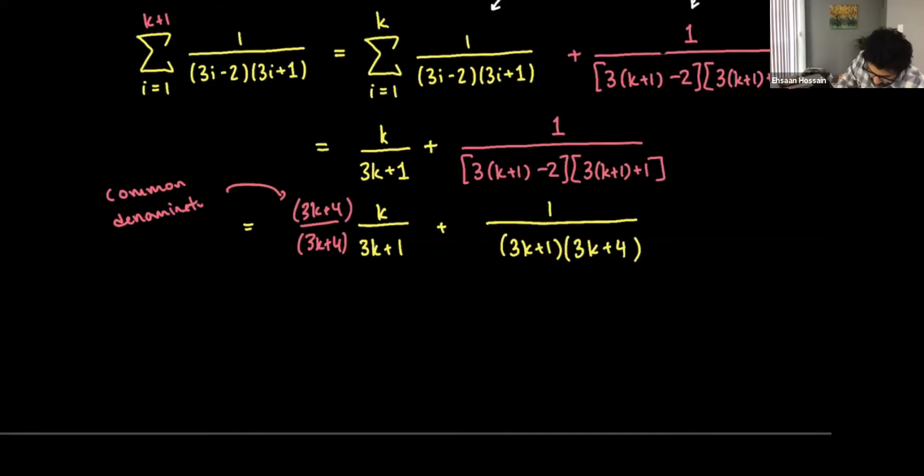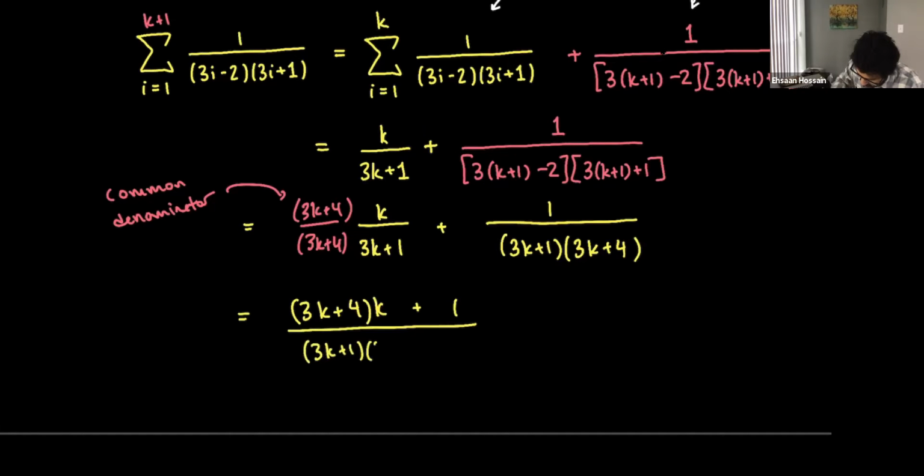That's how you add fractions. Okay, let's do it. 3k plus 4 times k. Okay, I think at this point, the induction part of the proof is basically good. Plus 1, all over 3k plus 1 times 3k plus 4.